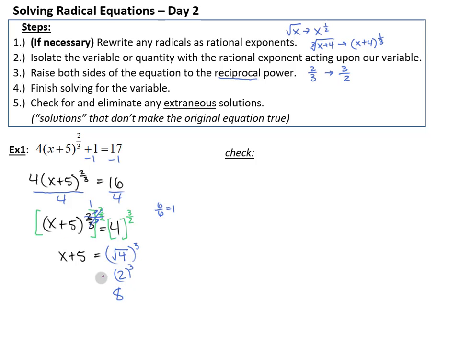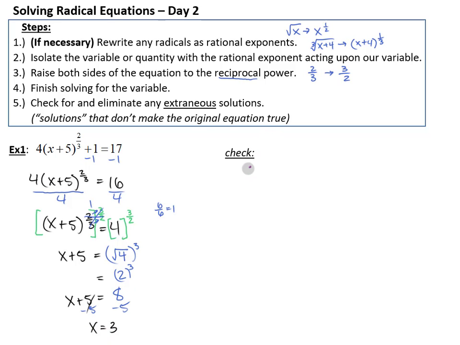So finishing a bunch of work on the right-hand side, we now have x plus 5 is equal to 8. Okay, so now, of course, it says finish solving for the variable. We're kind of in the middle of doing that. We would need to subtract 5 to finish getting x by itself here. And 8 minus 5 is 3. We end up with x equals 3.